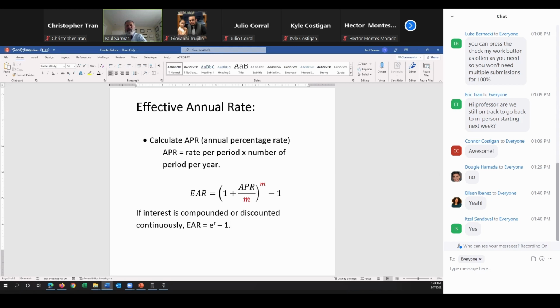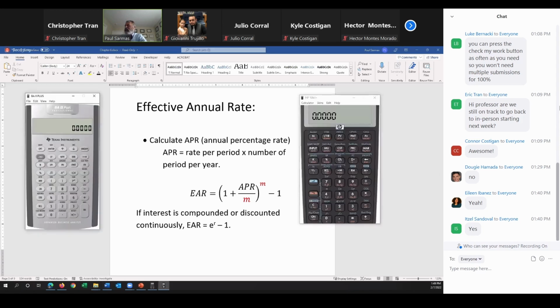I don't know how many of you know your credit card interest rate. My rate is 19.99%. So my APR is 0.1999. But the credit card companies charge interest daily. So my M is what? 365.